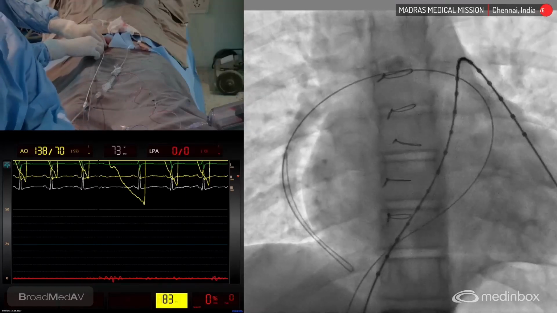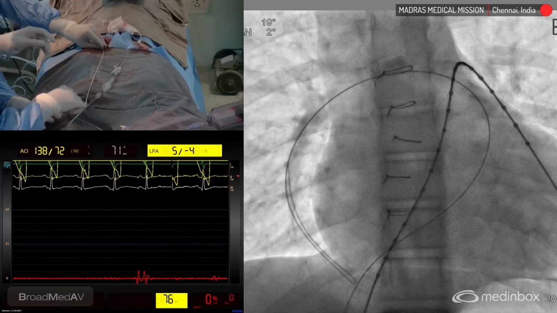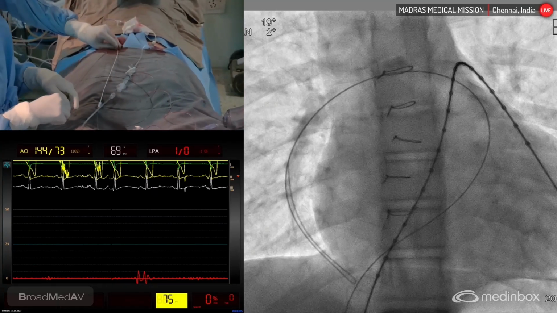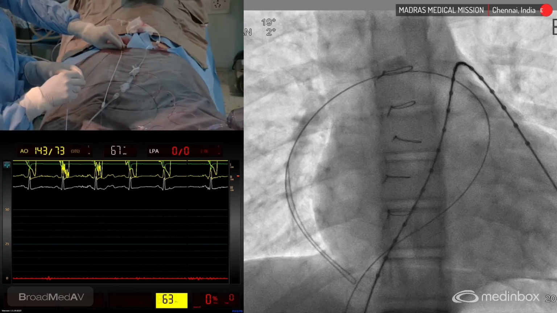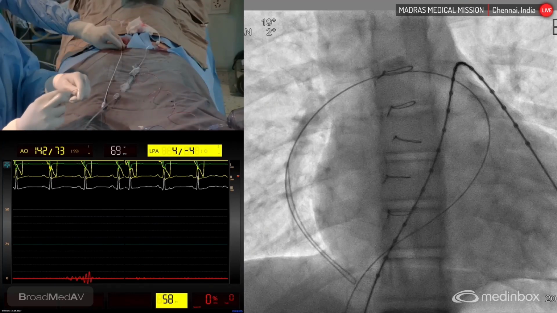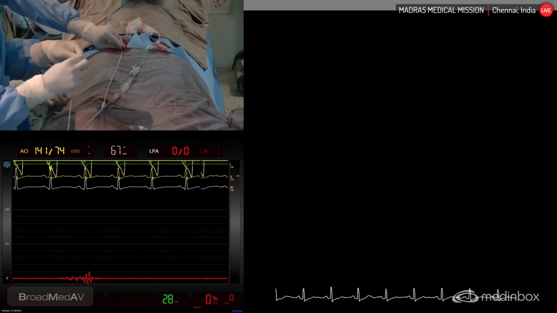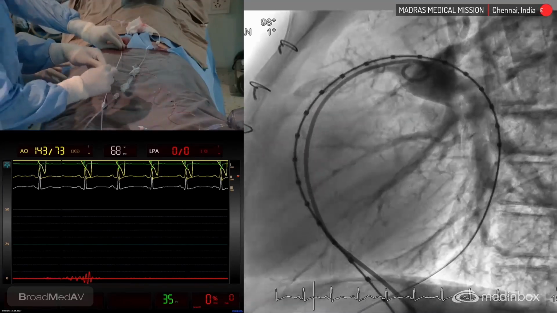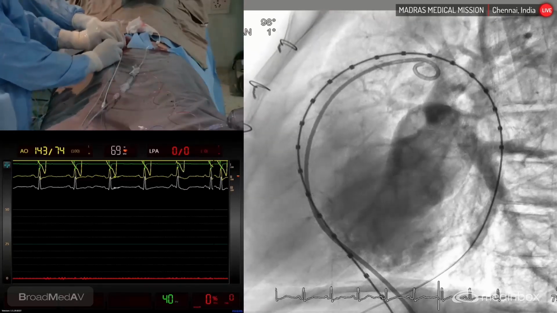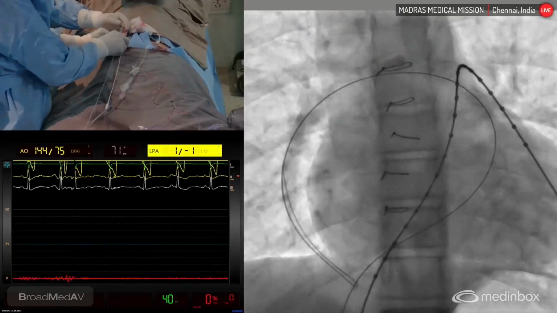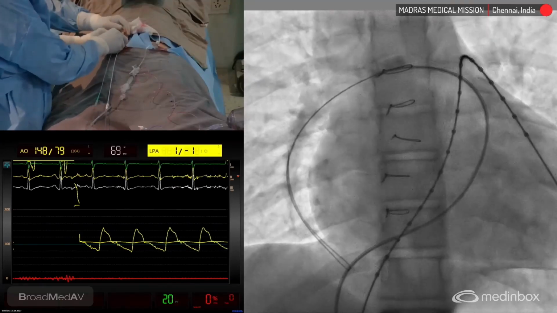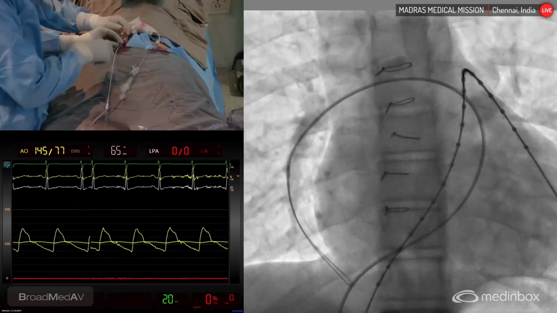Exchange this for a right coronary artery catheter, RCA. As I told earlier, the outflow tract gradient across the main pulmonary artery and the origins of the branch pulmonary arteries is almost close to 75 millimeters of mercury. So we are advancing this.